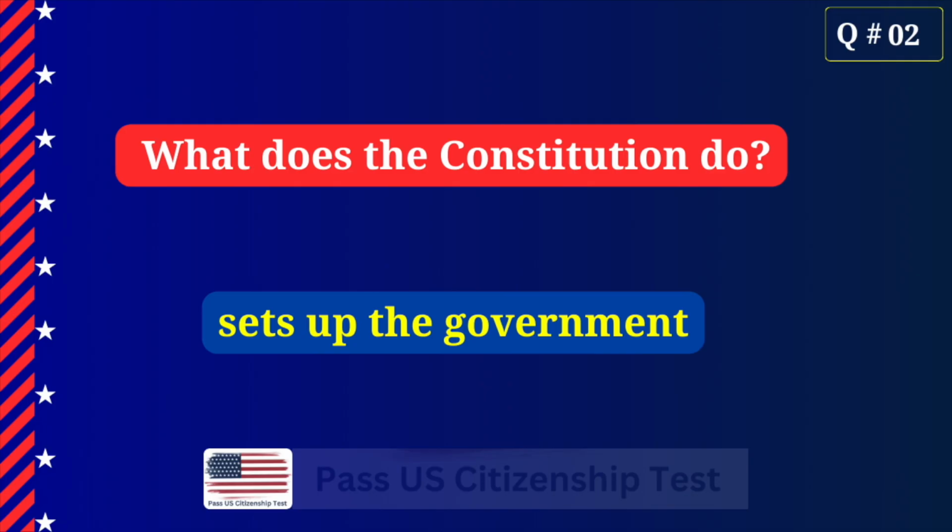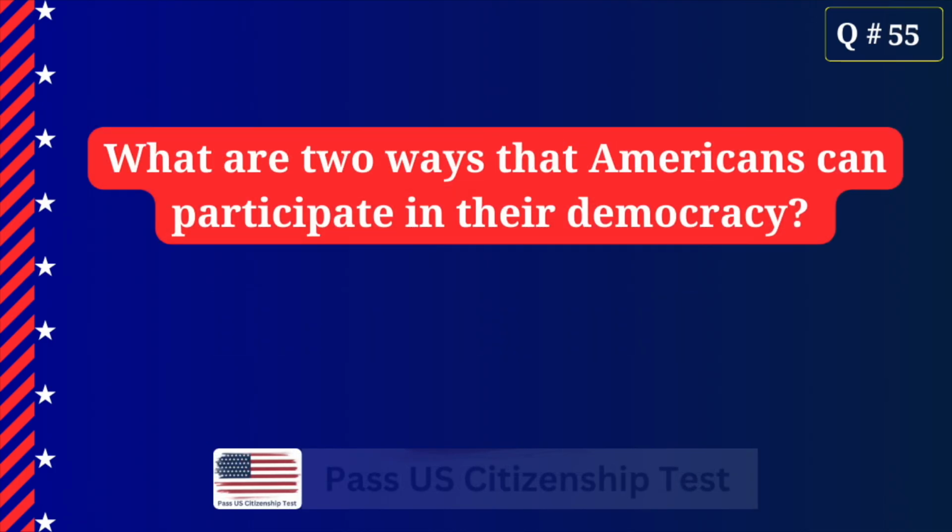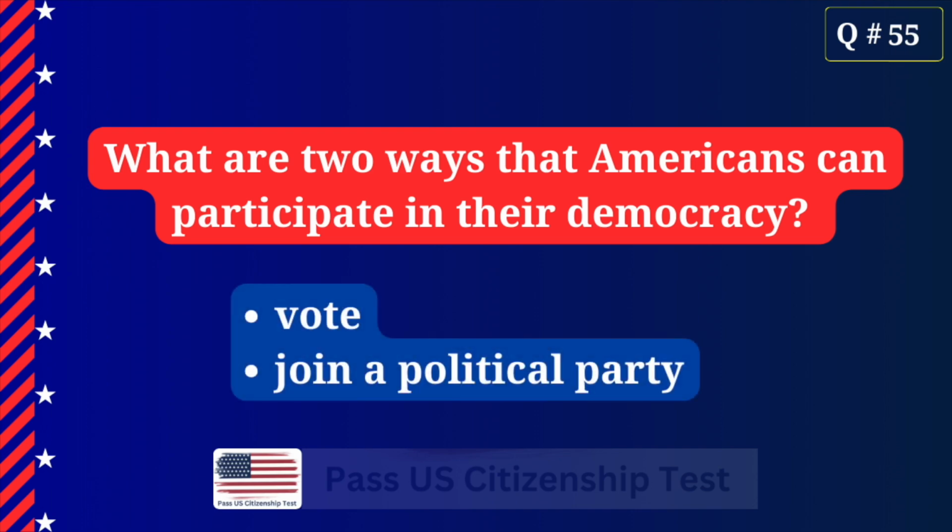Sets up the government. What are two ways that Americans can participate in their democracy? Vote. Join a political party.